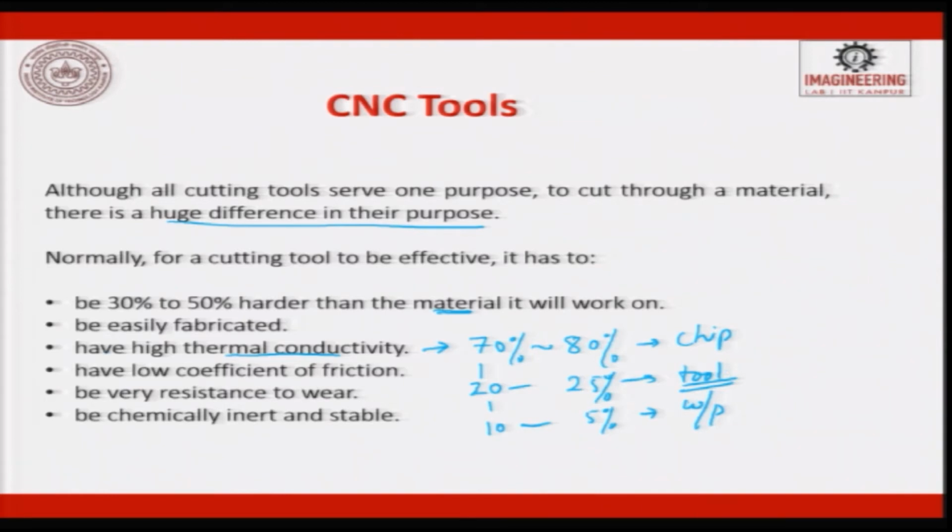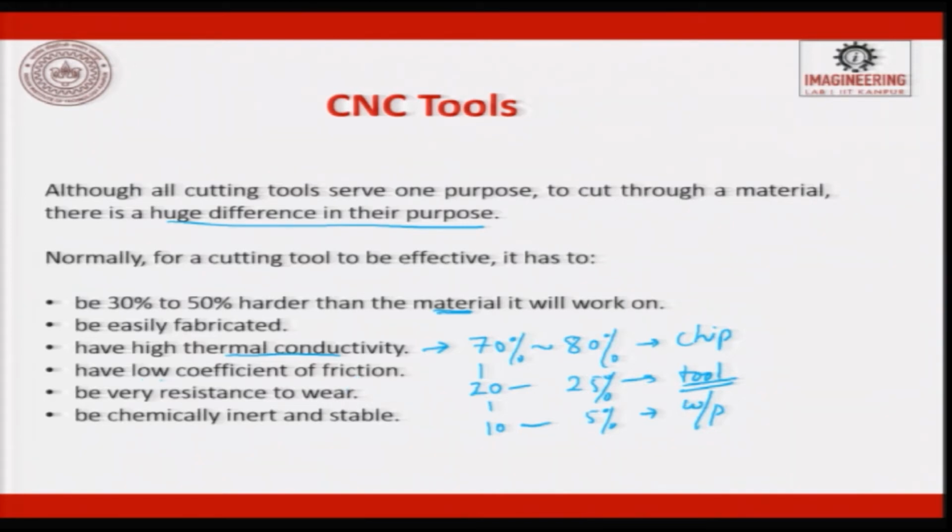So, it has to have high thermal conductivity, then it has to have a low coefficient of friction, because it is a contact machining. In contact machining, the tool surface comes in contact with the workpiece surface. So, there is going to be a huge friction, and if the friction is very high, the heat which is going to be generated is very high.